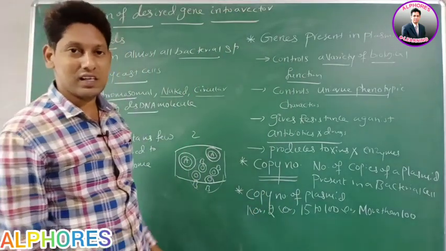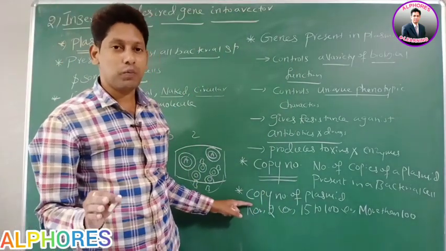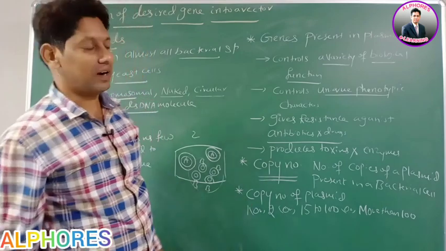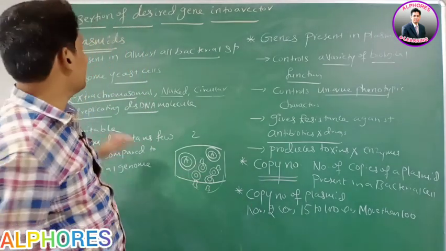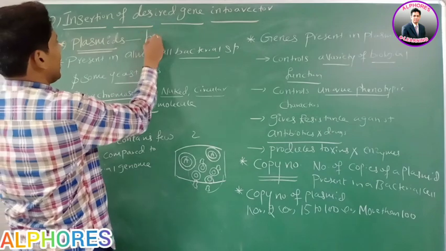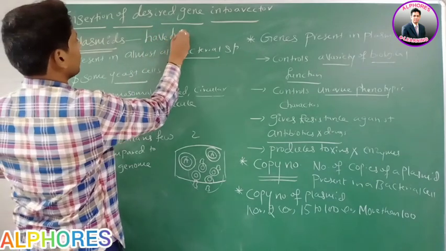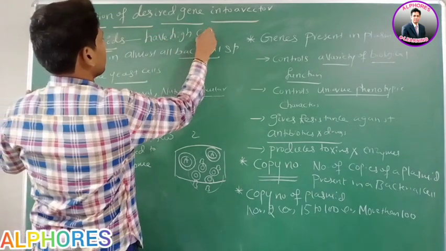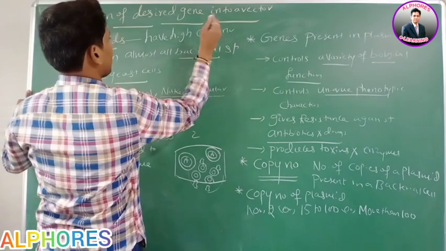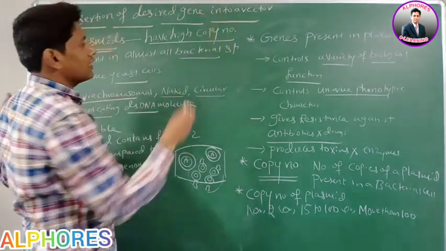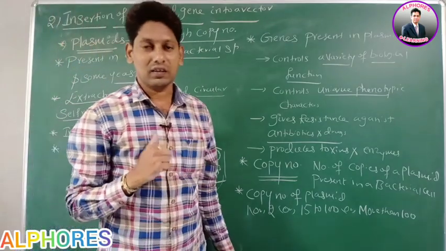More than what, sir? 100. Is it okay? So plasmids have high copy number. Who is having high copy number? Plasmids. Plasmids have what? High copy number. Is it okay? Right? Thank you.